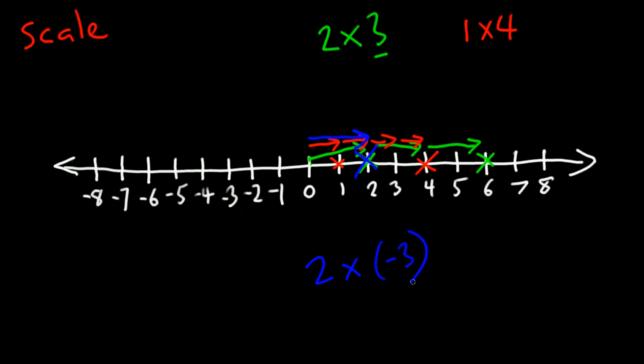And we scale it by 3 times because we're multiplying by something that has a distance from the origin of 3. So we take that once, twice, 3 times. We end up over here at positive 6, but then we flip it around. We rotate it, and we end up at negative 6.